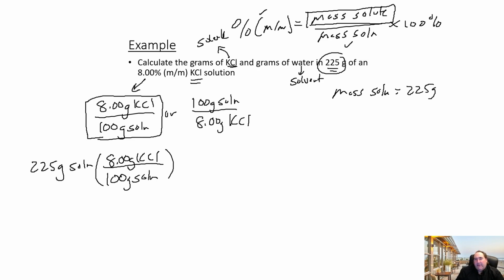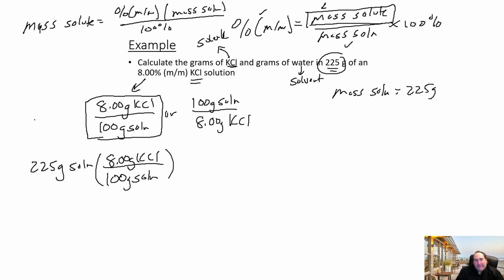That again is the same thing if you rearrange this equation and solve for the mass of the solute. The mass of our solute would equal our percent mass to mass times our mass of our solution, divided by 100%.